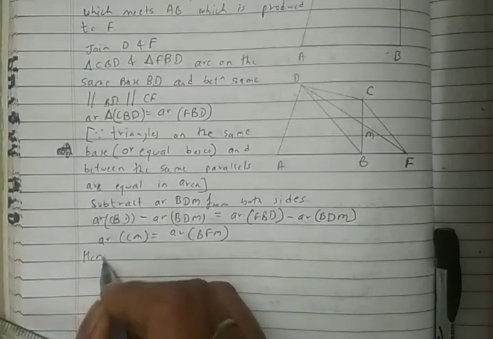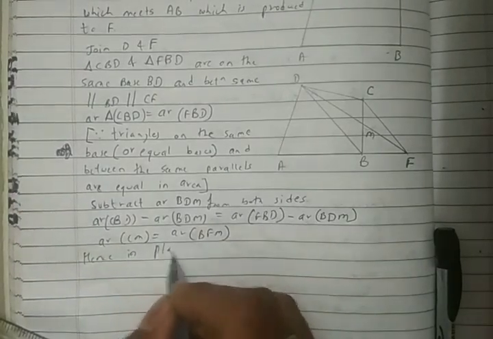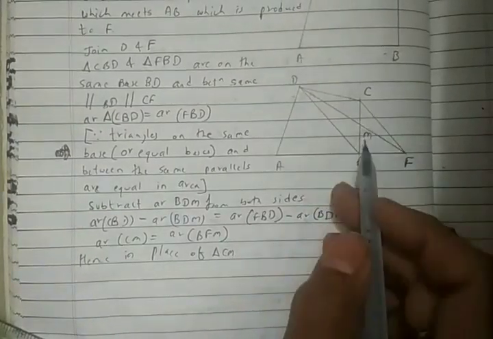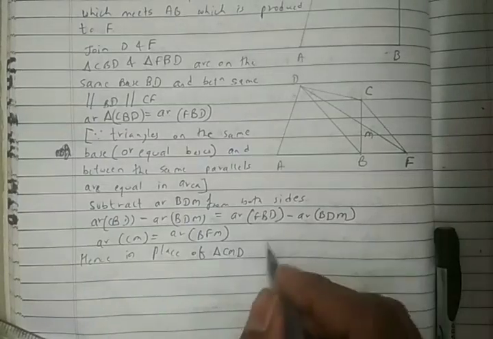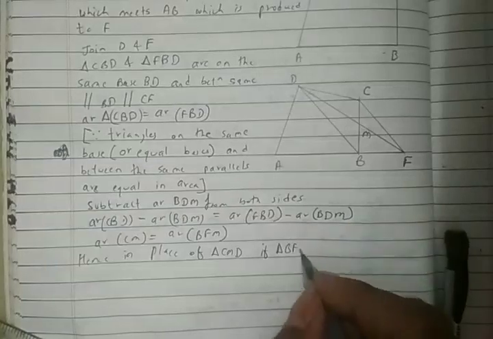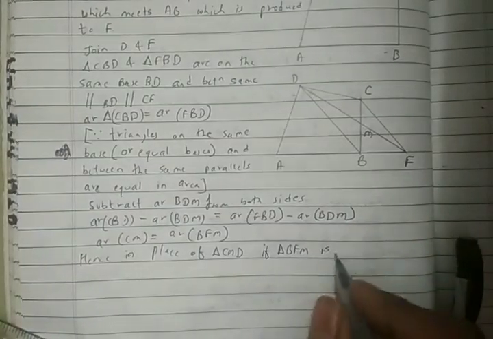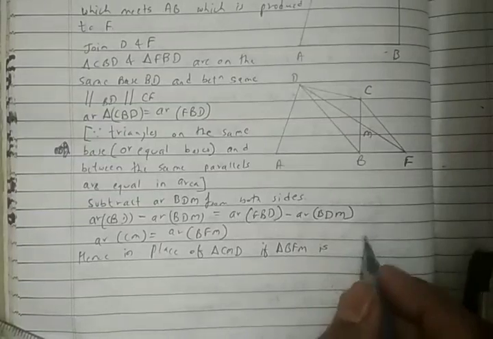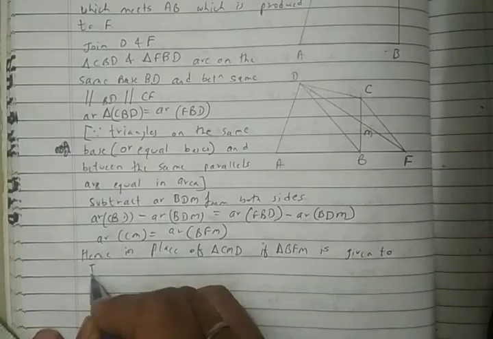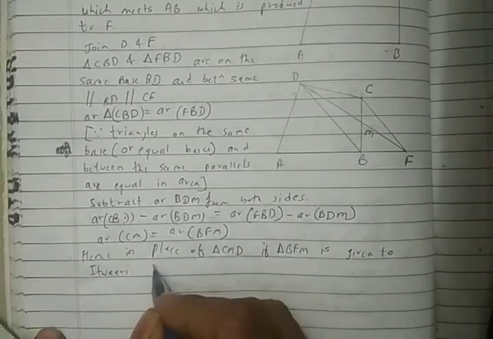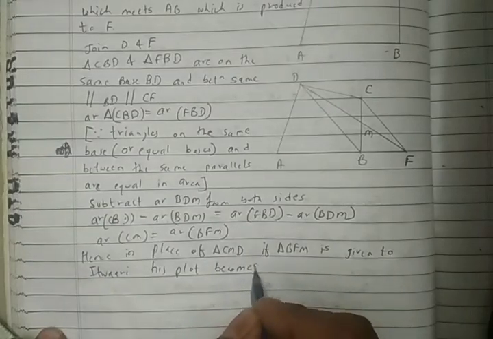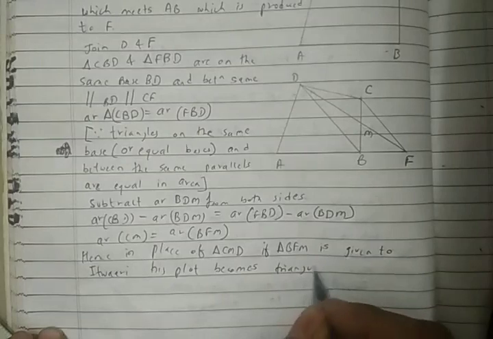Hence we can say that in place of triangle CMD, if triangle BFM is given to Itwari, his plot becomes triangular.